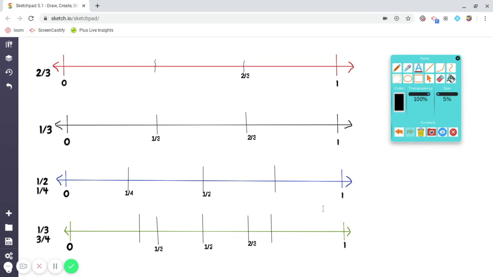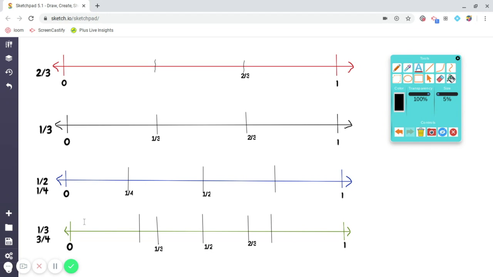And so now I have it. If I look at these lines, 0 to this line is one section. This line to 1/2 is one section. This line to in between 1/2 and 1 is another section. And then this last section will equal 4 sections. So I have it split into fourths. And now I need to find 3/4.